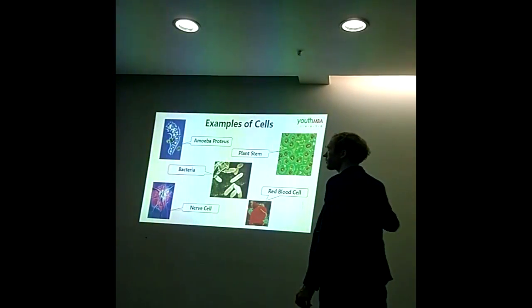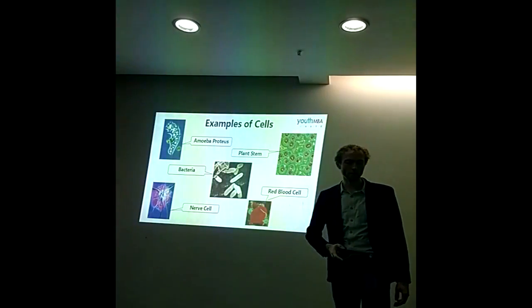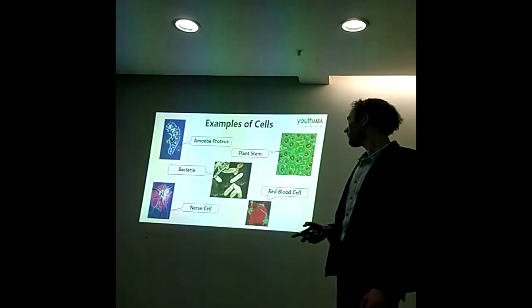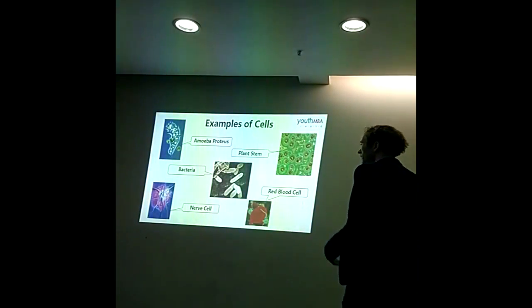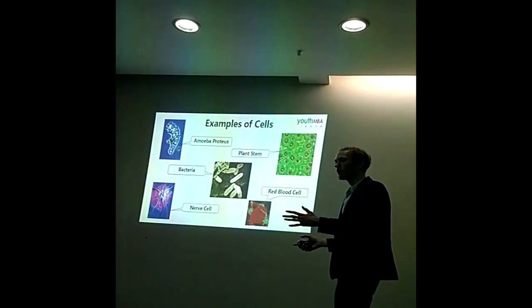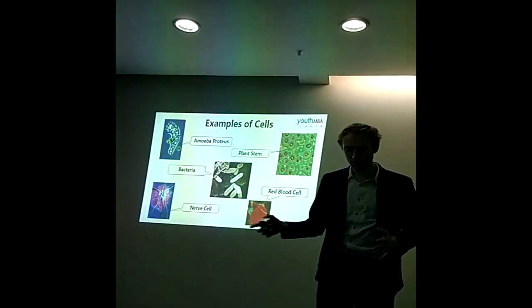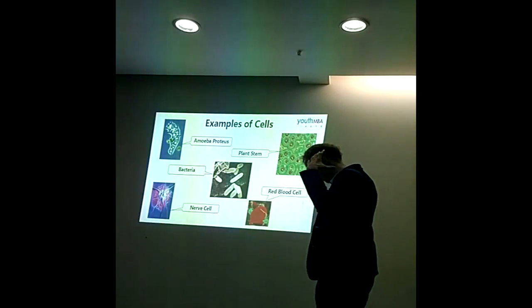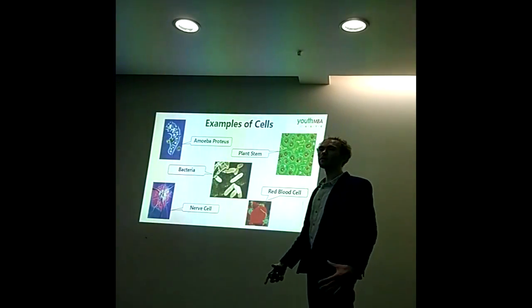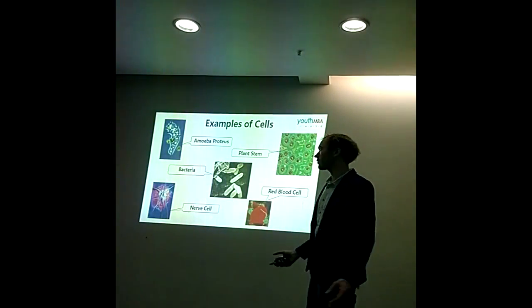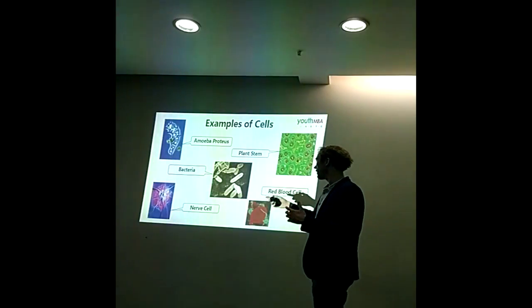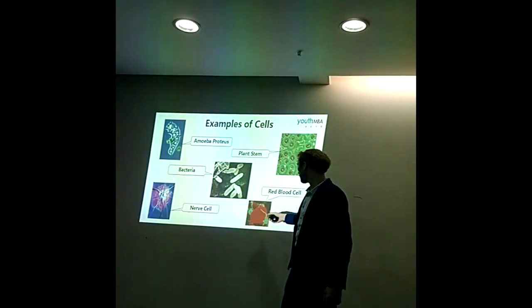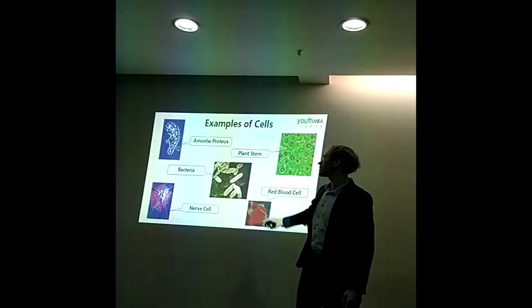These are examples of cells. We have so many different types of cells. Even between different animals, between different plants, between different organisms, but also inside one single body, we have a lot of different types of cells. Like here we see the nerve cell, the red blood cell, and some bacteria.